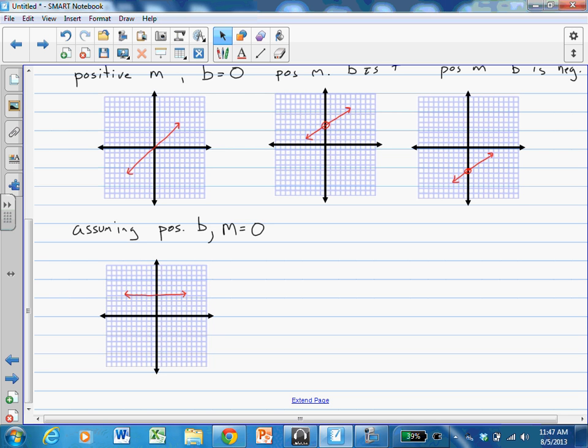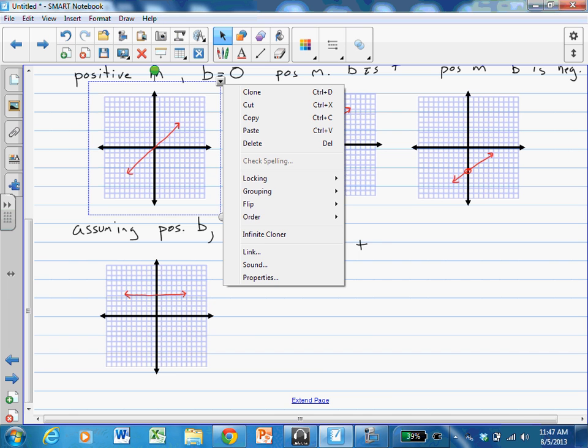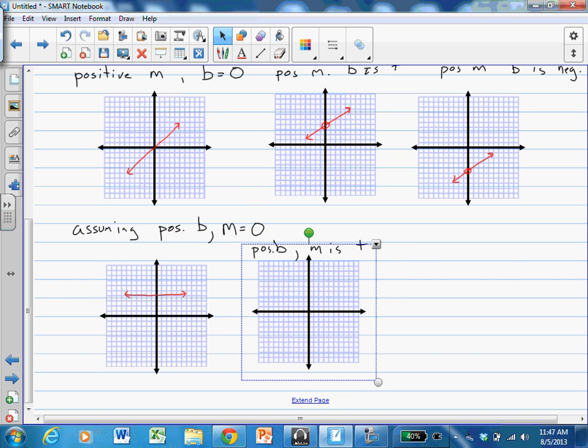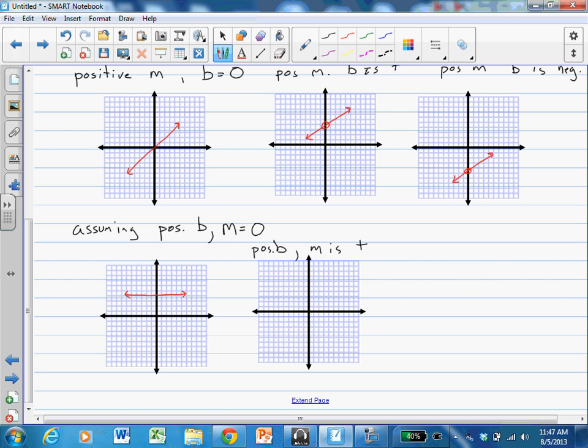Okay, let's do positive b, and m is positive. Try that one. Good. Hopefully you drew something like this. Positive b and a positive slope going uphill.